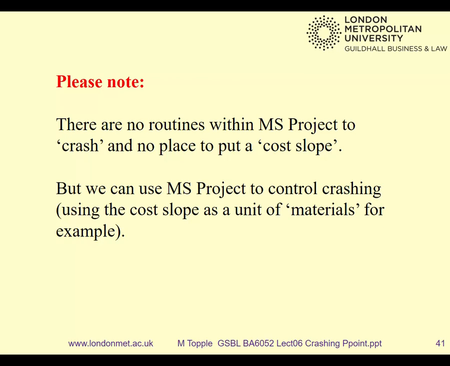And then the costs would reflect your decisions about what happens, and you can watch your Gantt chart to see if you're actually managing to make your project happen more quickly. So though it's clumsy in Microsoft Project to crash, it's certainly possible. And you can keep track of all those costs we were looking at before. But there's nowhere where you can put the minimum duration, and there's nowhere where you can put the cost slope. So we have to improvise a bit to be able to do crashing on our computers.